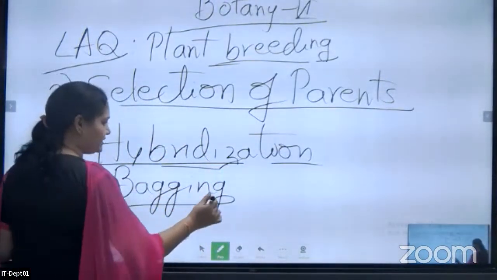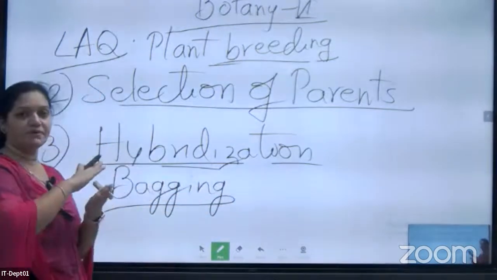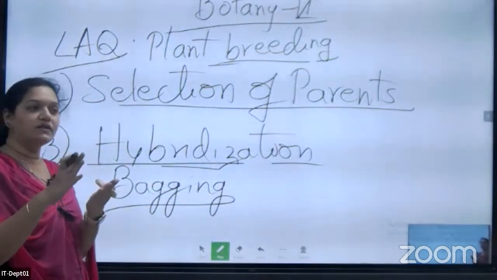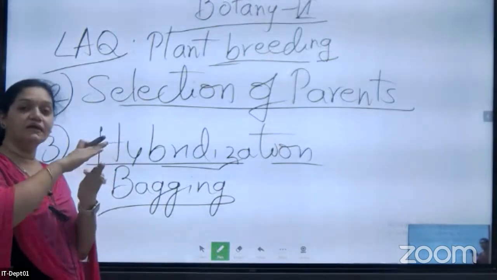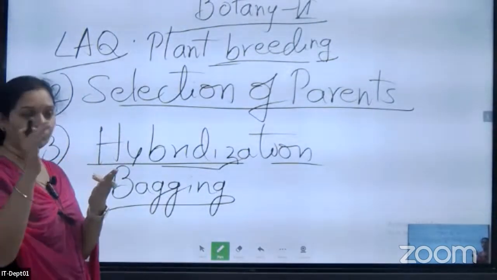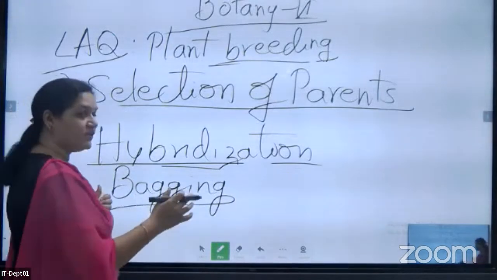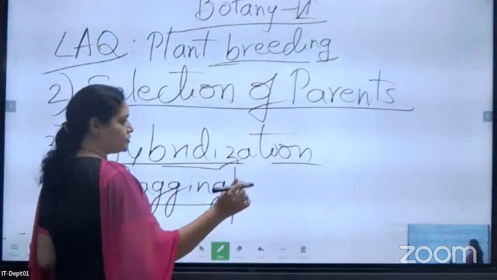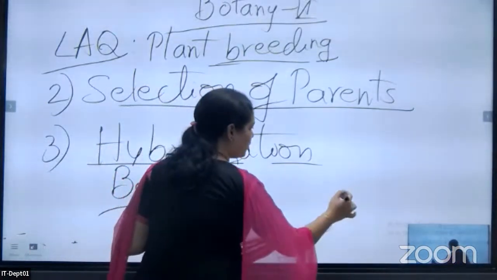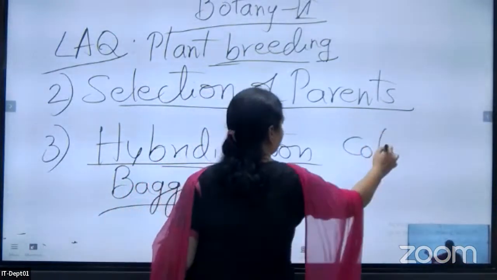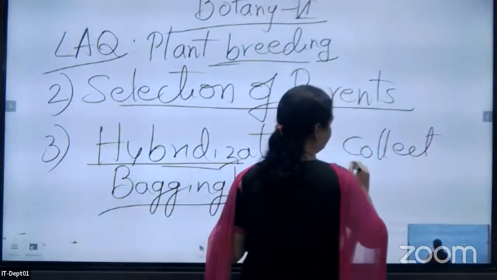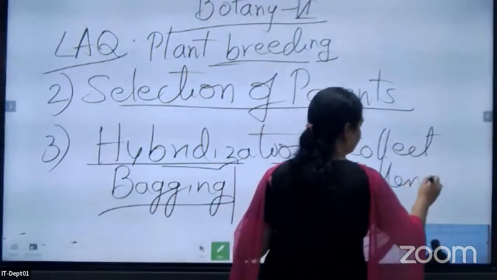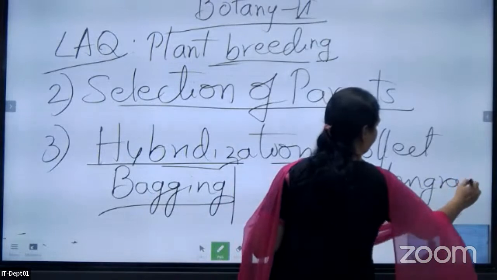That is nothing but artificial hybridization. The pollen grains have to be sprinkled on the stigmatic lobes. That is artificial pollination. For that, what do we have to do? We have to collect the pollen grains from the male parent.